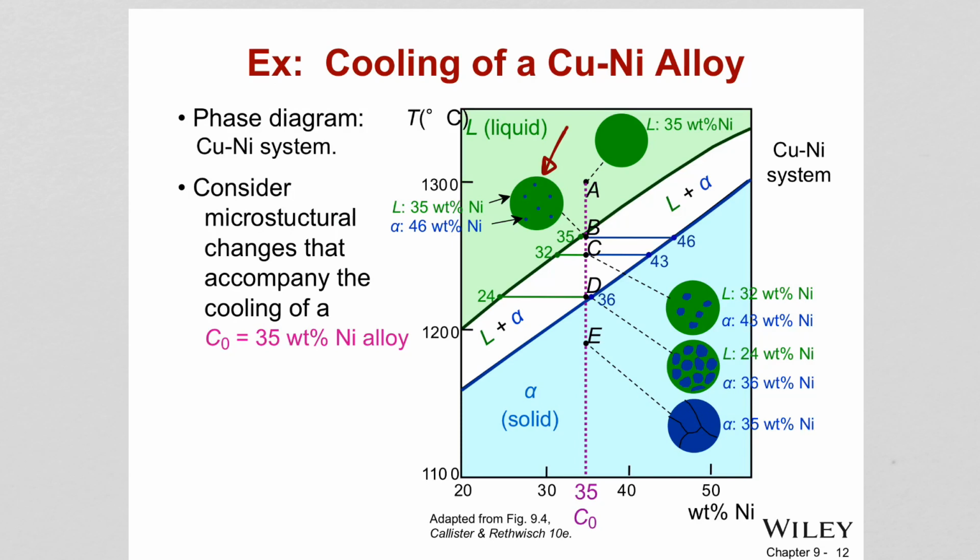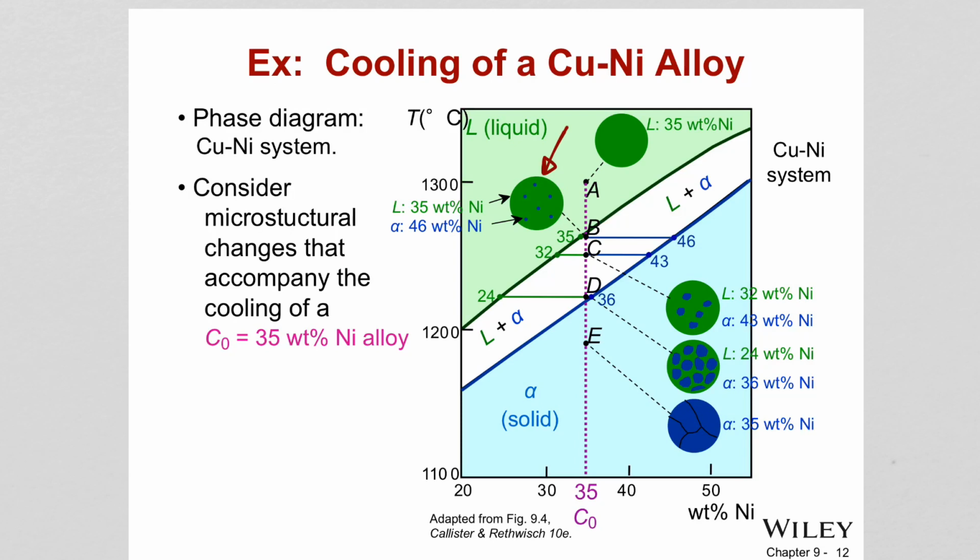We have two phases. So what about the composition of each phase? Remember, we are looking at the tie line and its intersection with the liquidus and solidus lines. Its intersection with the liquidus line shows us 35, and its intersection with the solidus line shows us 46% nickel. That means the liquid composition is 35 weight percent nickel and the solid composition is 46% nickel.